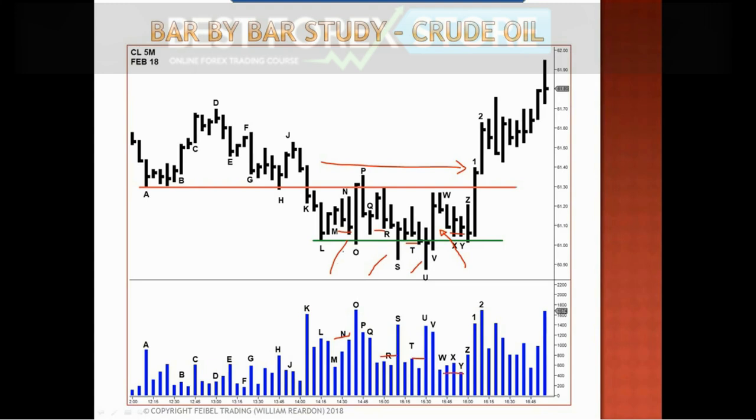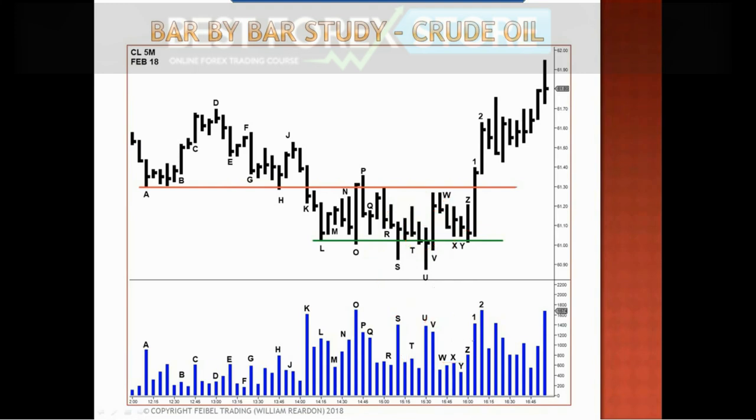So the buyers are showing their hands quite aggressively all around here. 1, 2, 3, 4, 6 bars, 50% of them are huge buying bars, and all the down bars in between have low volume. It could not be more evident to a trained eye. Once you become familiar with this, it's jumping out.